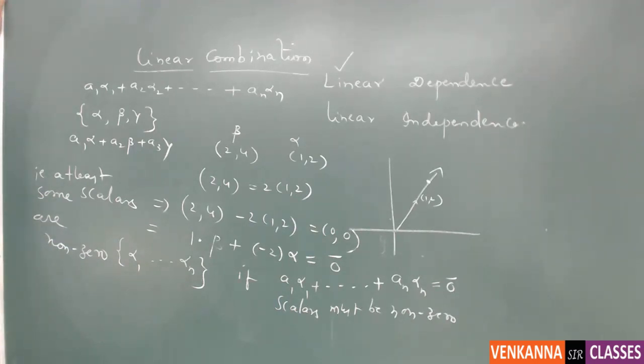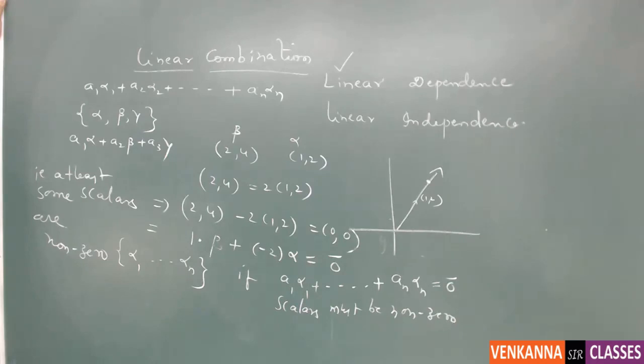Clear? So what is the definition of linear dependence? Whenever you take a set of vectors, say alpha 1, alpha 2, so on alpha n, we say that the set is linearly dependent. Whenever you take a linear combination using the set of vectors, the result of the combination is 0, then in that combination, whatever the scalars you consider, there must be some non-zero scalars.